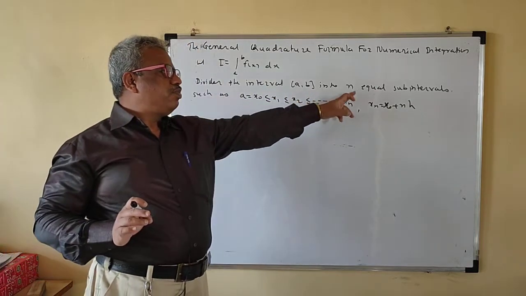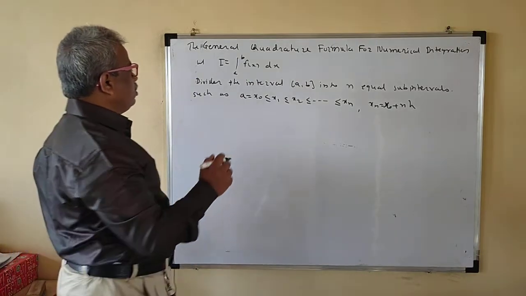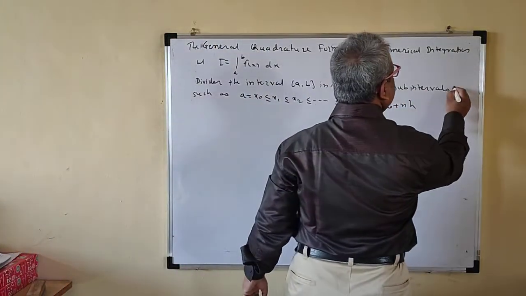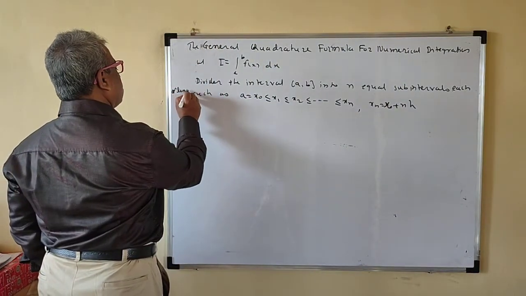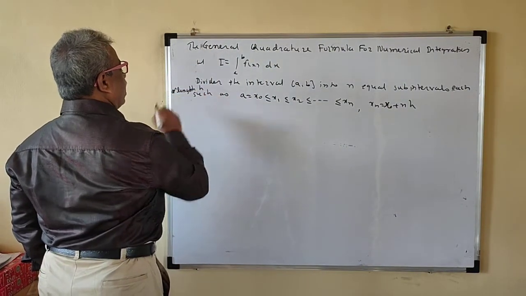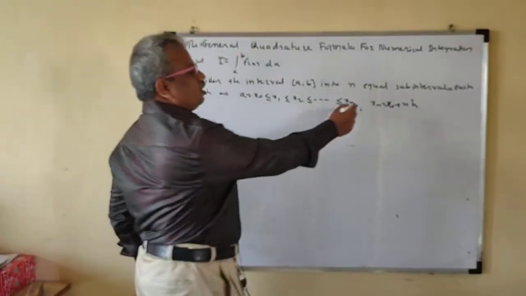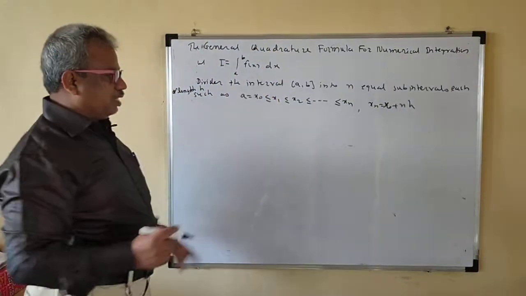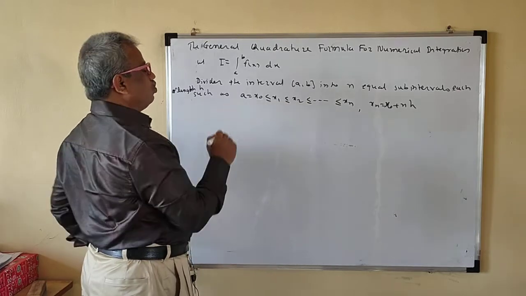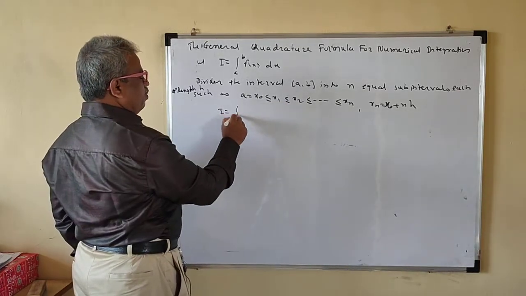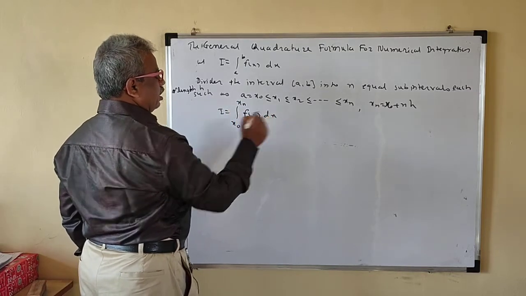Divide the interval [a, b] into n equal sub-intervals, each of length h, such that a is equal to x naught and xn is equal to x naught plus nh. So these are the intervals: x naught, x1, and so on. Therefore, you can write I as the integral from x naught to xn of f of x dx.